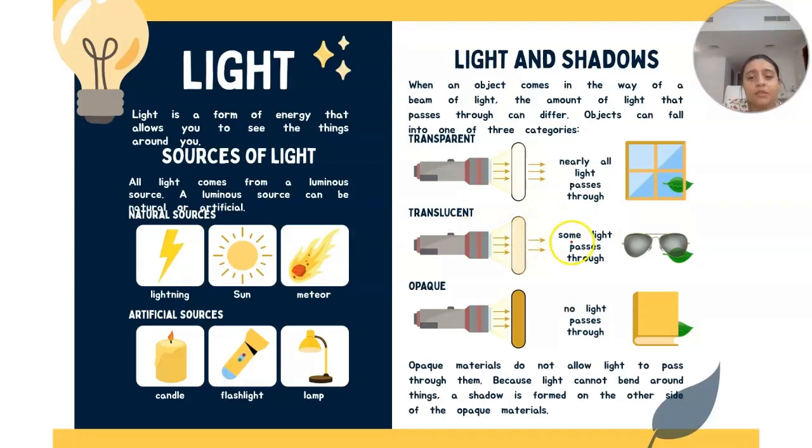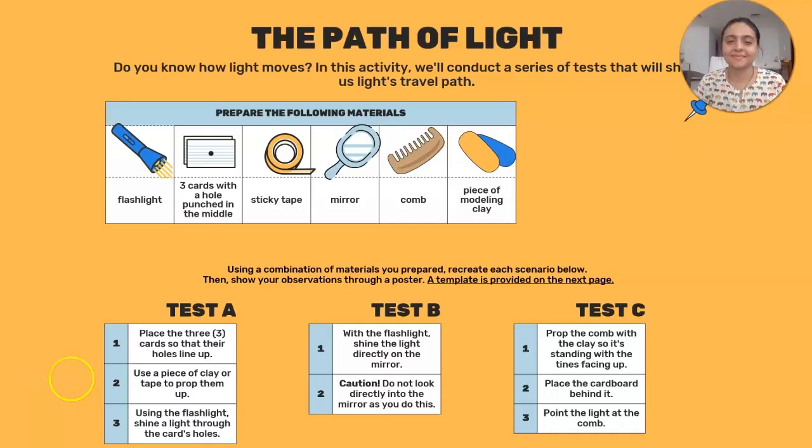Then the translucent ones, through which some light can pass. And the opaque ones, through which no light can pass. So till now we have learnt what light is, the sources of light, shadows, and the various categories of objects through which light can or cannot pass.